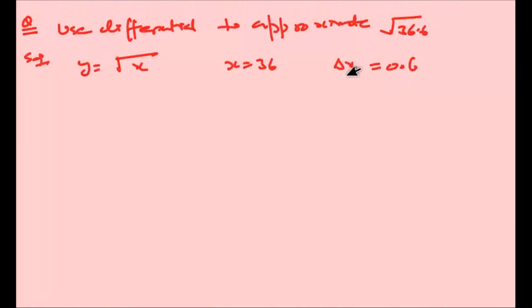Okay, students, so we can say delta y equals square root of (x plus delta x) minus square root of x.